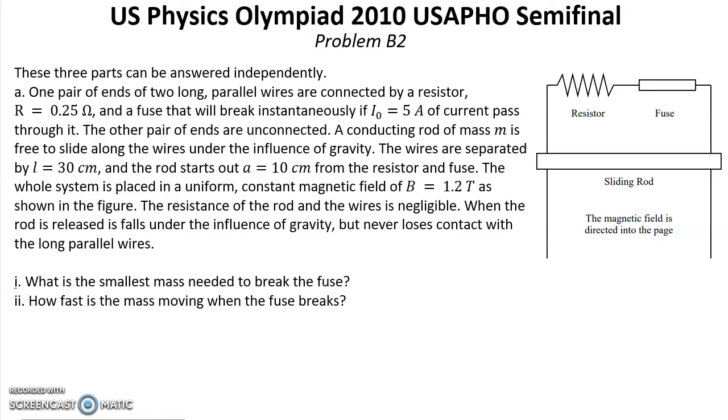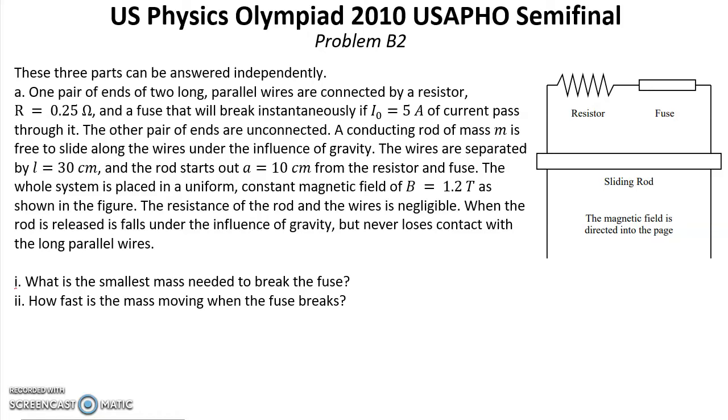A conducting rod of mass small m is free to slide along the wires under the influence of gravity. The wires are separated by L equal to 30 centimeters, and the rod starts out a distance a equal to 10 centimeters from the resistor and the fuse.